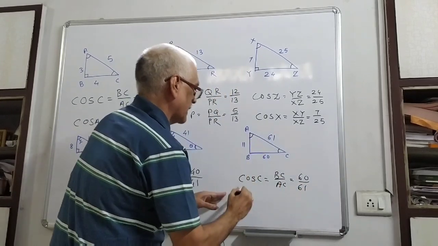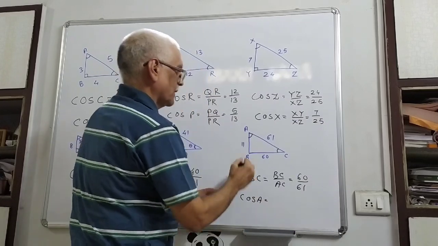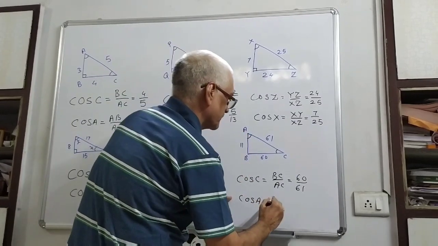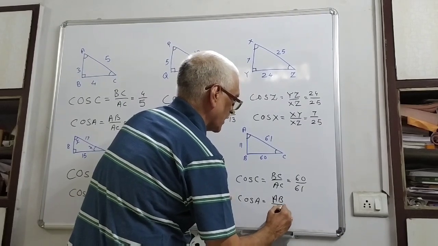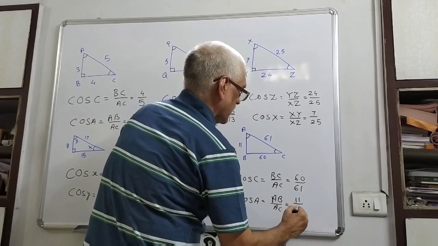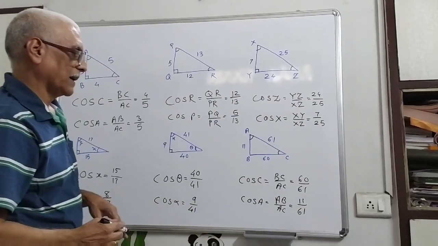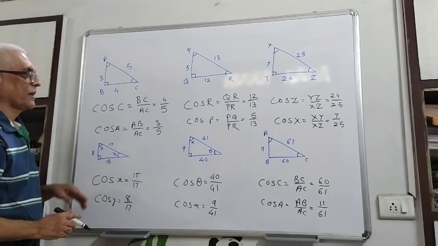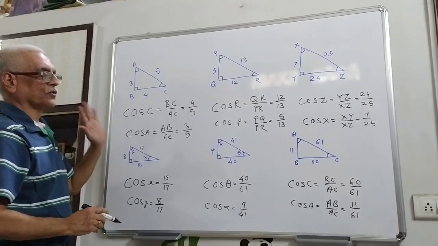And if you want cos of angle A, this is equal to the side adjacent to A, which is AB, the length of the adjacent side upon the length of the hypotenuse. Hypotenuse is AC. AB is 11 and AC is 61. So cos A is equal to AB upon AC, 11 upon 61. Remember that cos means adjacent side upon hypotenuse.